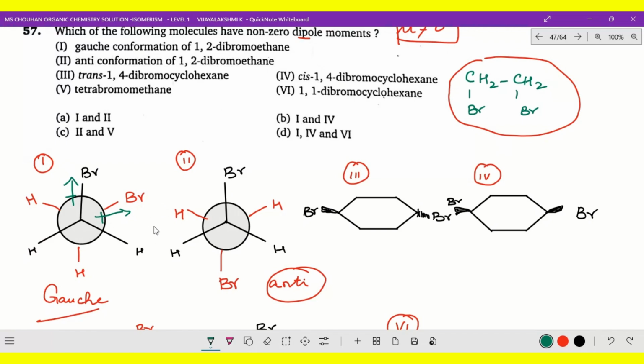So that means mu is not equal to 0. So for the first one, the dipole moment is non-zero, exactly.